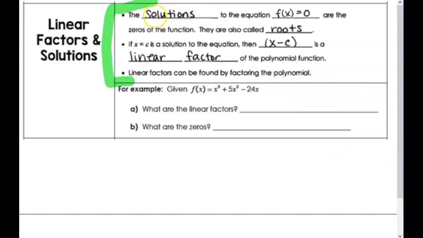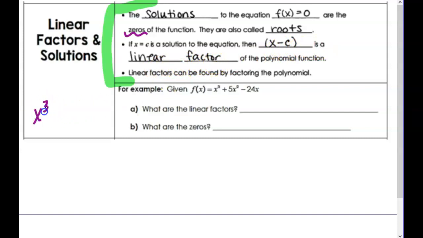All right. The solutions, when you take a polynomial and set it equal to 0, okay, the zeros are called the solutions or the roots. When we take each of those roots and do x minus that, it becomes a linear factor.